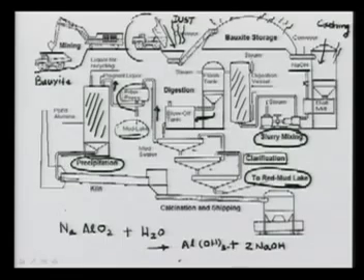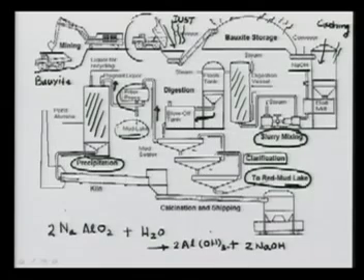Let's try to balance this equation. 2 sodium, so this has become 2 sodium here, and the aluminum is 2, so let's make this 2 here.